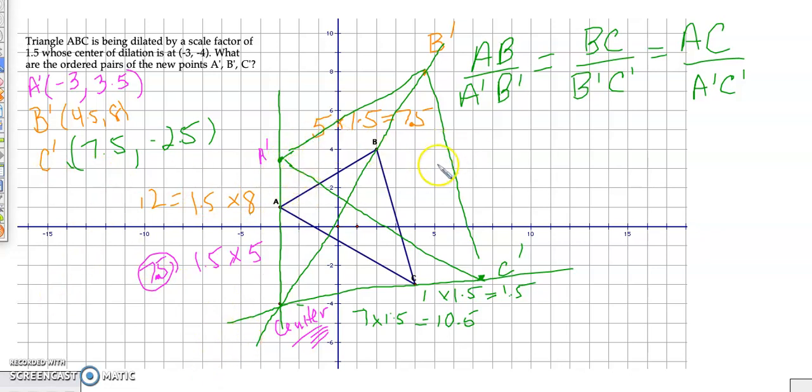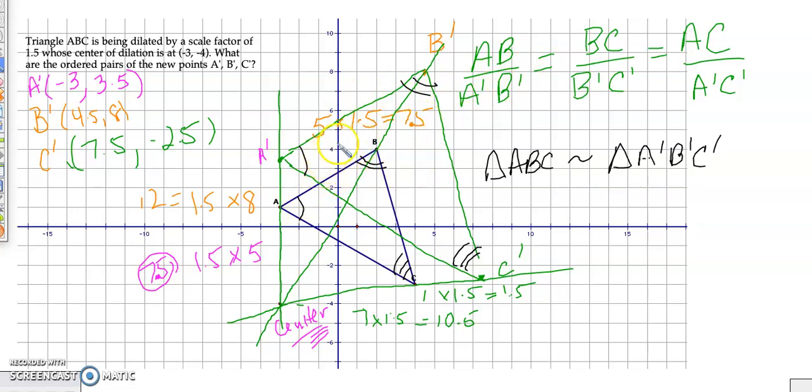Triangle ABC is similar to triangle A prime B prime C prime. That means angle A is congruent to angle A prime, angle B is congruent to angle B prime, and angle C is congruent to angle C prime. And not only do you have corresponding congruent angles, but the ratios of the sides are in proportion. Now, what does that mean?